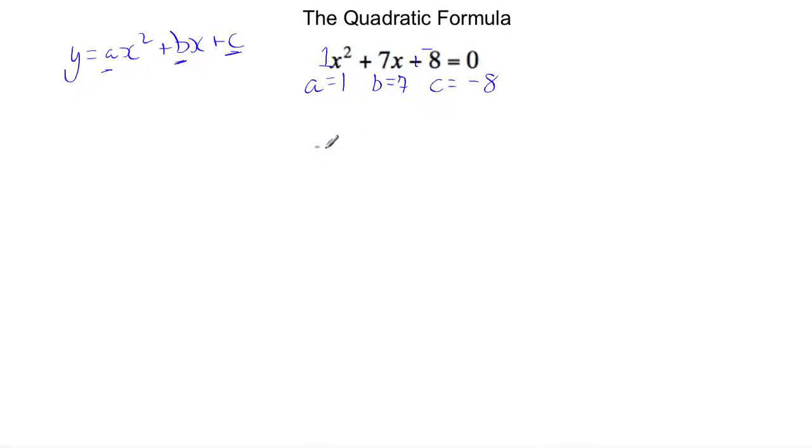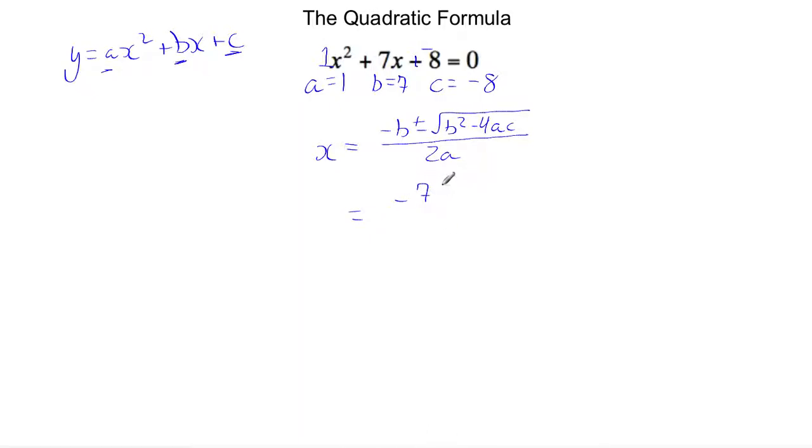The quadratic formula tells us that x is going to be equal to negative b plus or minus the square root of b squared minus 4ac, all over 2a. All I need to do is plug these values in.